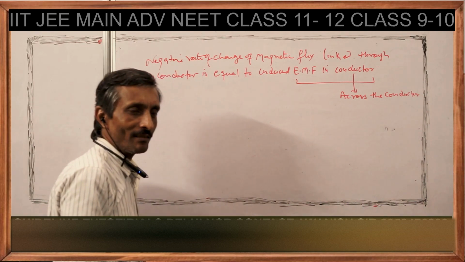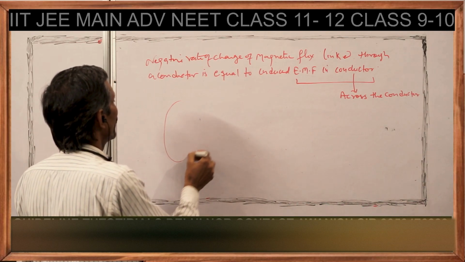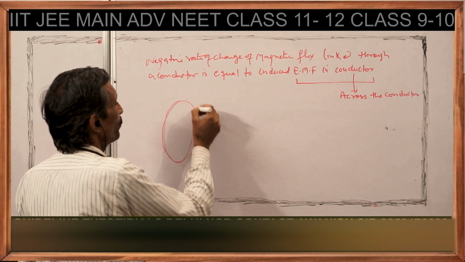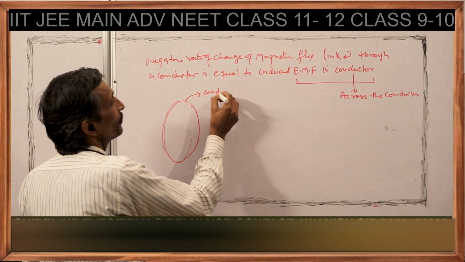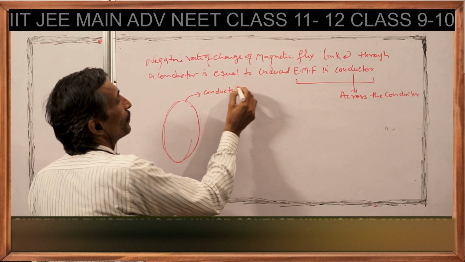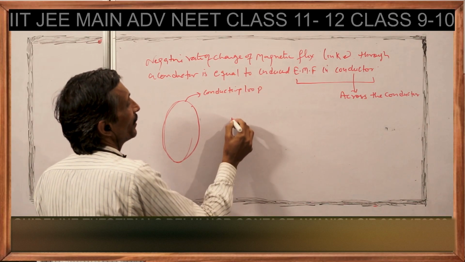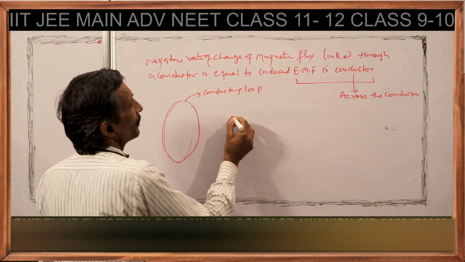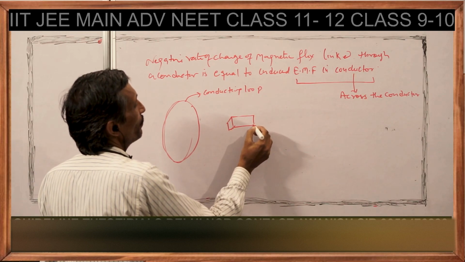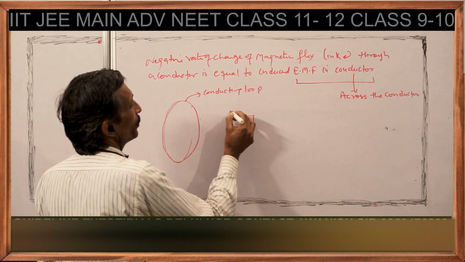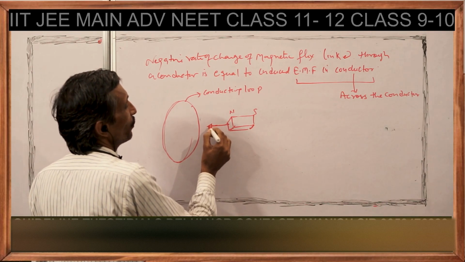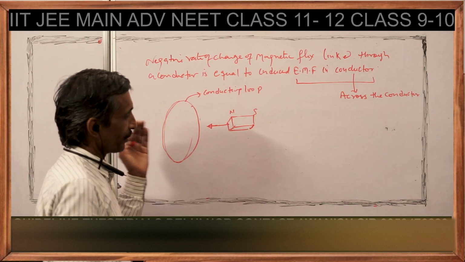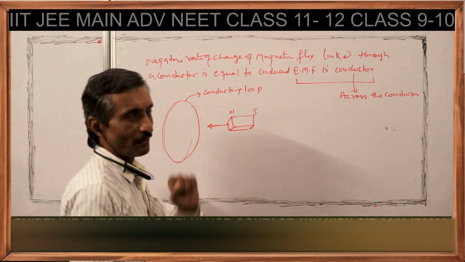And simply, if we consider a conductor of this circular loop, a conducting loop, and here we have a magnet of this type. This is the north pole, this is the south pole, and this magnet is moving towards this or moving away from this.